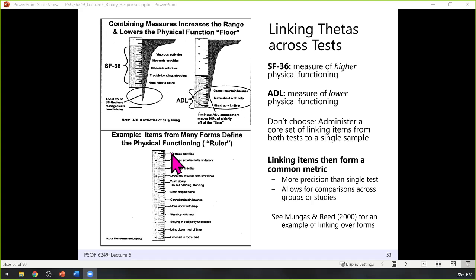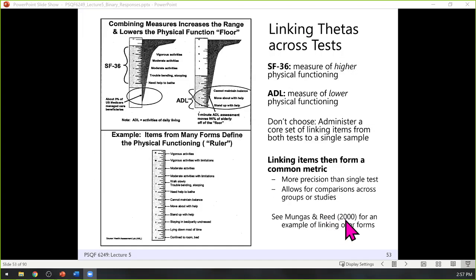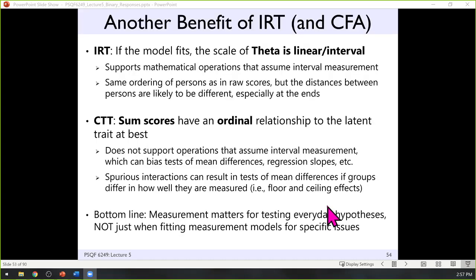We're not adding things up. We're coming up with a latent metric that characterizes all the items and all the people. So you can borrow across instruments to try and do a better job than what any one instrument might do. There's an article on your reference list about this as well, and I have a couple pictures coming up on that.